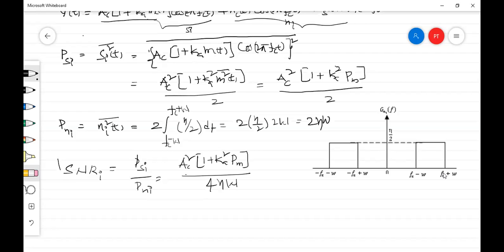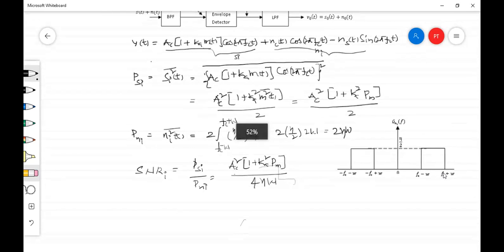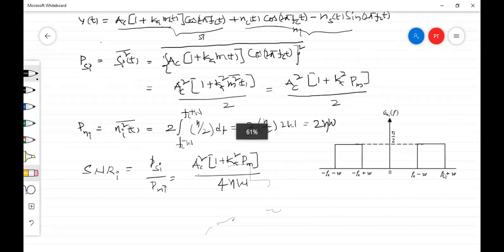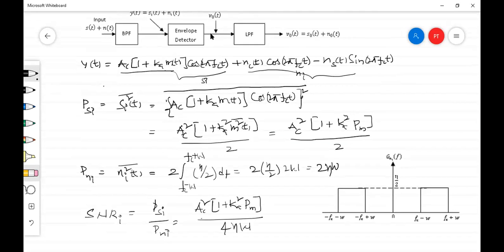So this is about the input signal to noise ratio.